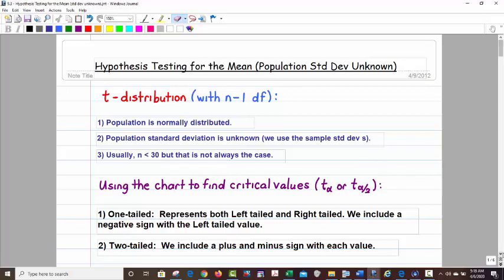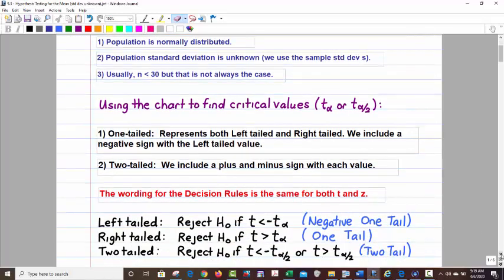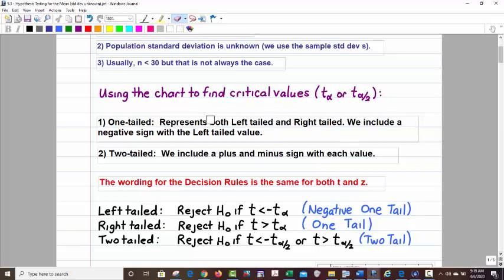Alrighty, so let's bring back the t chart that we've used even for the hypothesis testing for large samples. Similar to that, everything's going to be the same here, except we're going to have to bring back our degrees of freedom idea, the n minus 1.